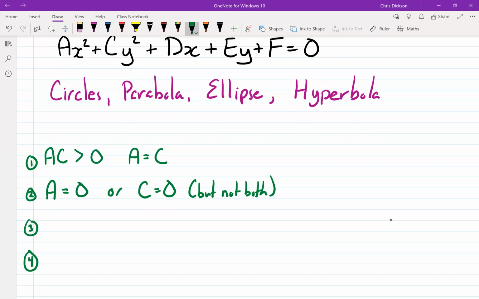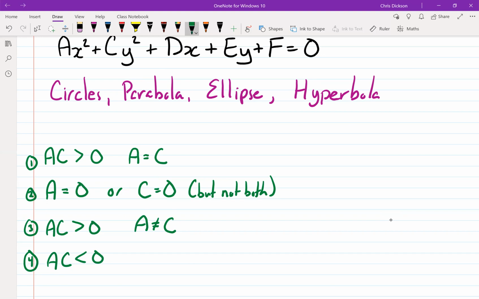Or the A value and the C value, when you multiply them, give you a number that's bigger than 0, and the A value does not equal the C value, so it's not the same number. And the last condition says that the product of A and C is a number that's less than 0, so it's a negative number. That means A and C would have to have opposite signs.